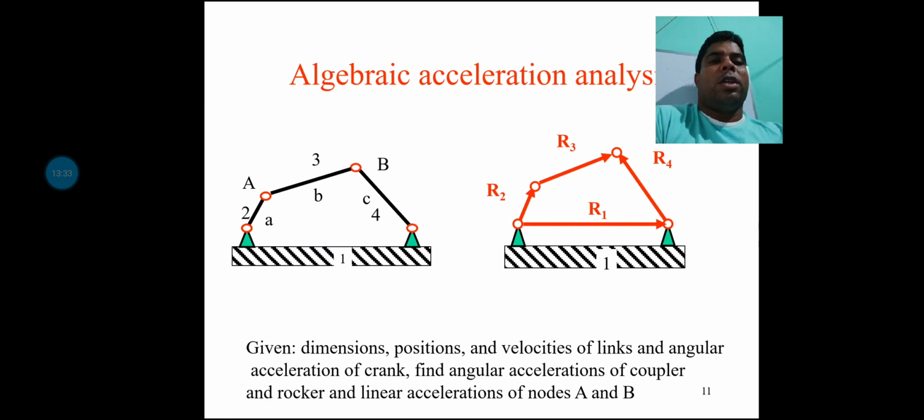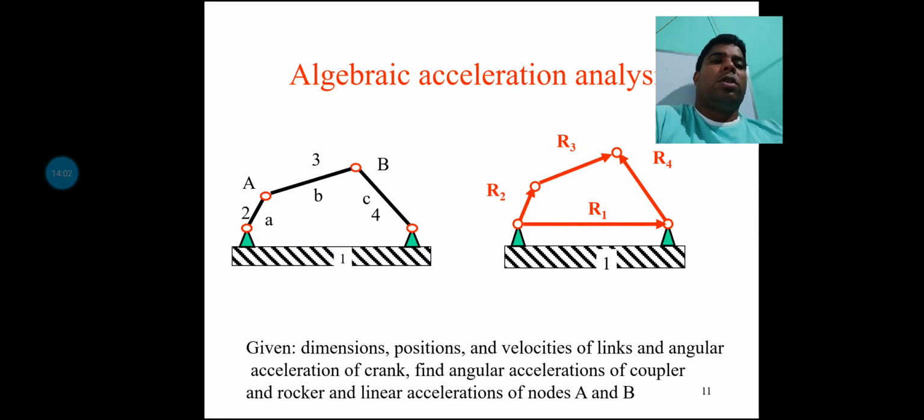In this algebraic analysis, we earlier discussed that the points 2 and 4 are both fixed with point 1, and points 2, 3 and 4 are moving elements. So 3 points are the moving elements and 2 are fixed.